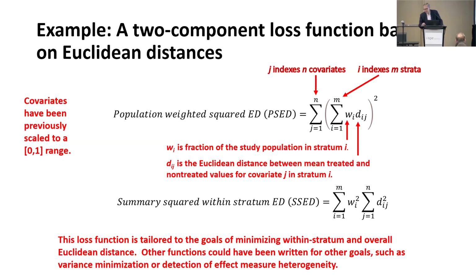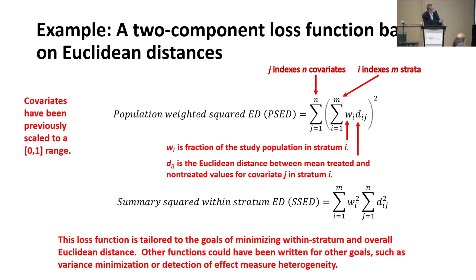The two components are our population-weighted squared Euclidean distance, which is PSED, and you see this is the distance for each covariate, that D, and this is the weight for each stratum, and these are just the squared sums of distances, and then summed over the covariates.